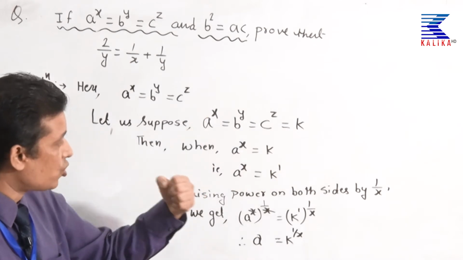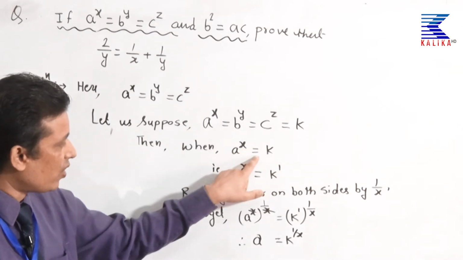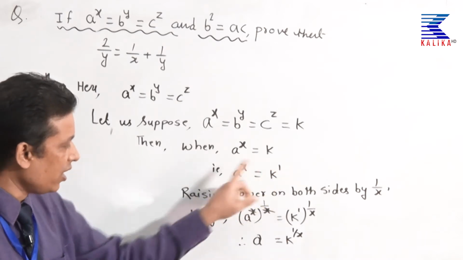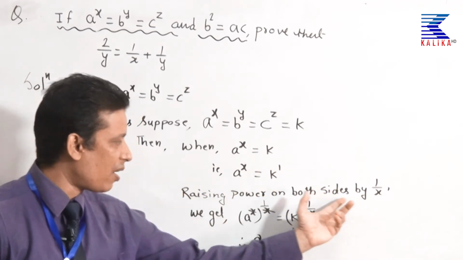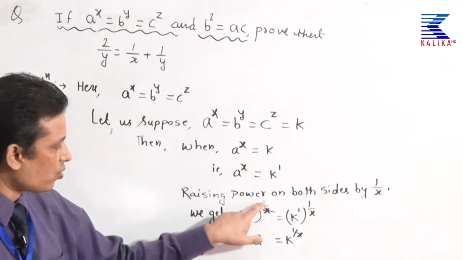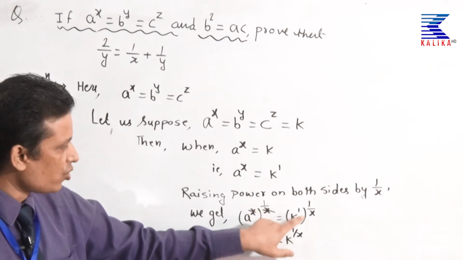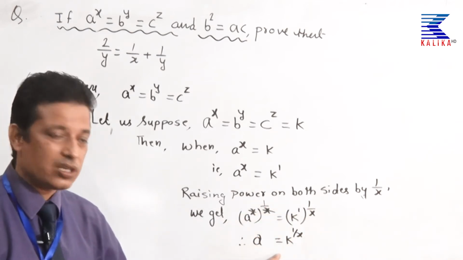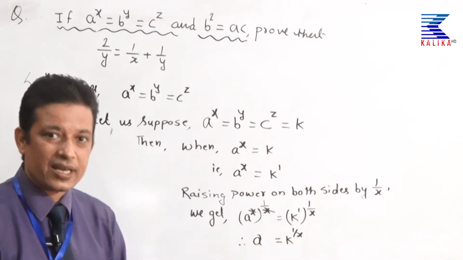And when I took a^x = k, it is a^x equal to k^1. By raising the power on both sides by 1 by x, we got (a^x)^(1/x) equal to k^(1/x), and after cancelling we got the value of a is equal to k^(1/x).